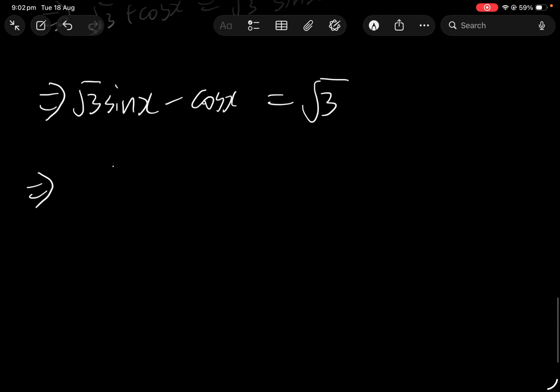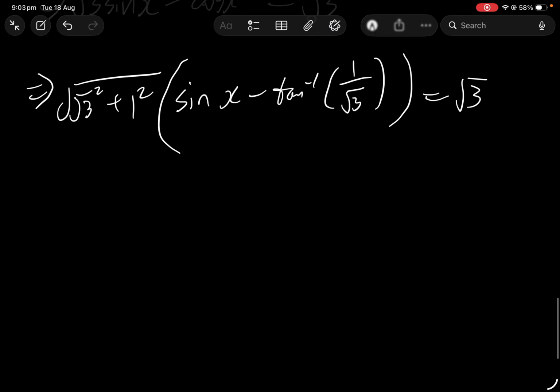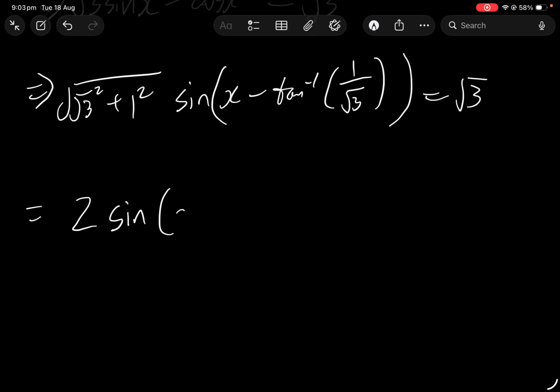And then we use our auxiliary angle, so that's square root of (square root 3 squared plus 1 squared) times sine x minus tan inverse of (1 over square root 3), equals square root 3. And this is just 3 plus 1, which is 4. Square root 4 is 2, sine, no, that's the wrong bracket here, sine x minus, well, we know that tan 30 is 1 over square root 3.